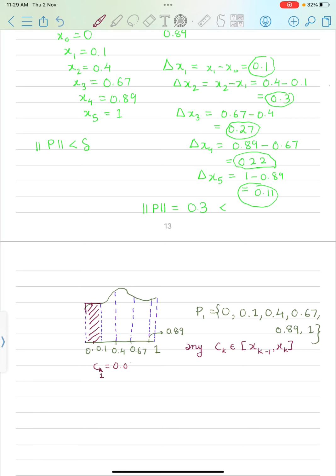I have chosen c1 in the first triangle as 0.05. Now c2 must be between 0.1 and 0.4, so I can take any value. Let's say c2 is equal to 0.3.